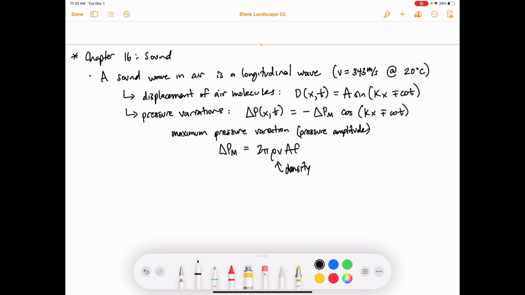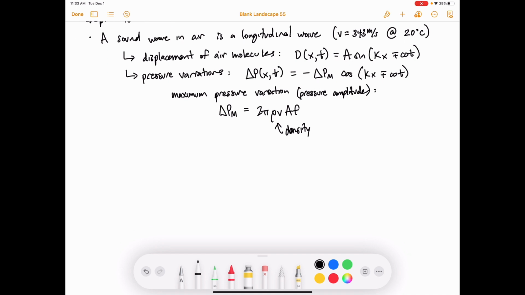A is the amplitude. And F is the frequency. Okay, that's how you calculate the maximum pressure. And along with that, we derived an equation for the intensity, which goes like this. I equals 2 pi squared V times rho times A squared times F squared. Okay, so that's how we mathematically describe a sound wave.